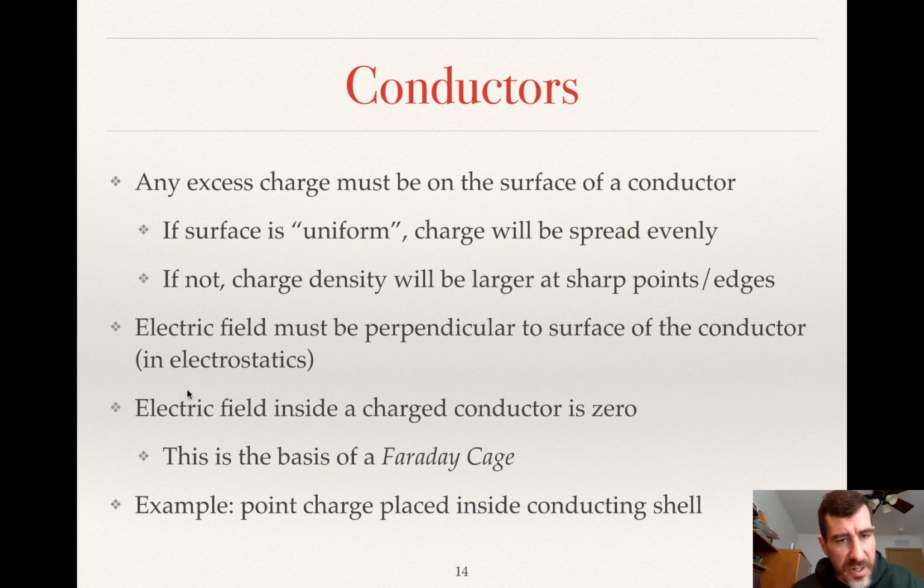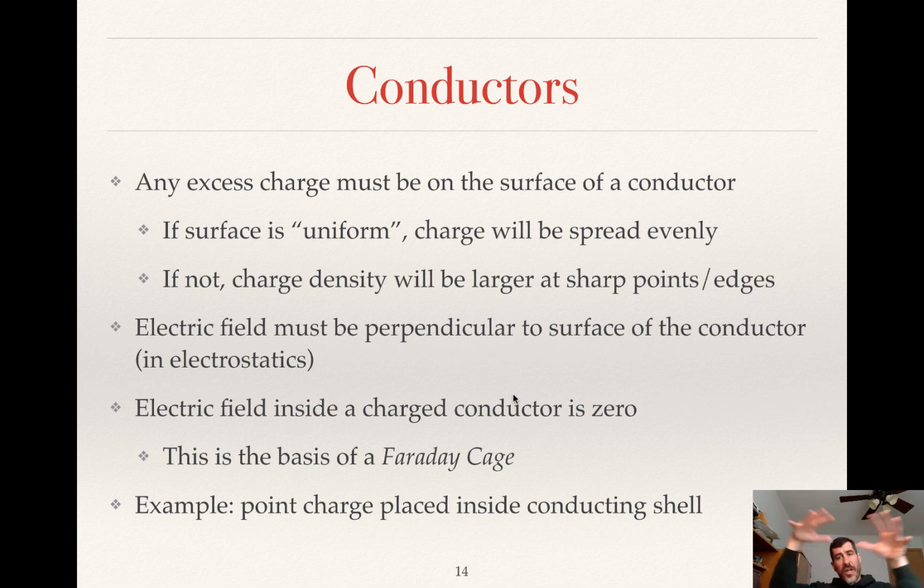And what this all boils down to is that the electric field inside a charged conductor has to be zero. So imagine again, you've got a spherical shell that's a conductor made out of some sort of metal. If you've got some excess charge, we know the charge has to go out to the surface. So then you can use Gauss's law.